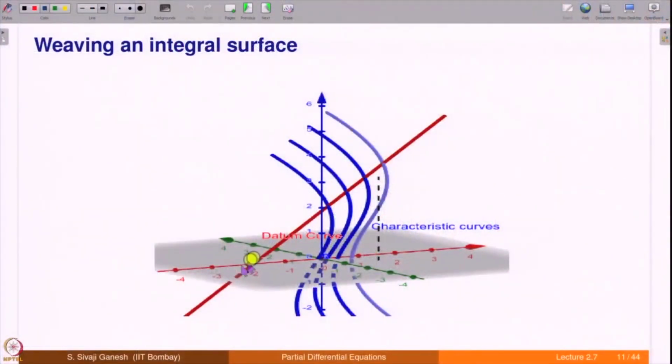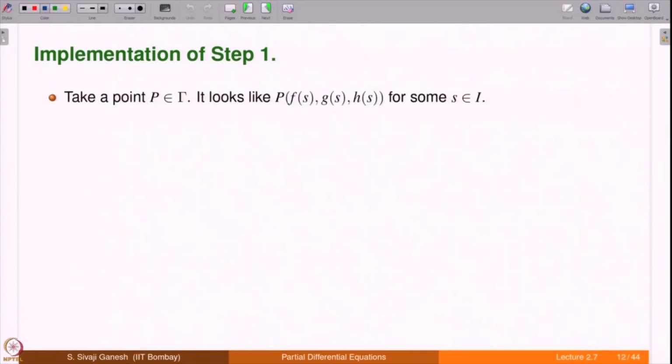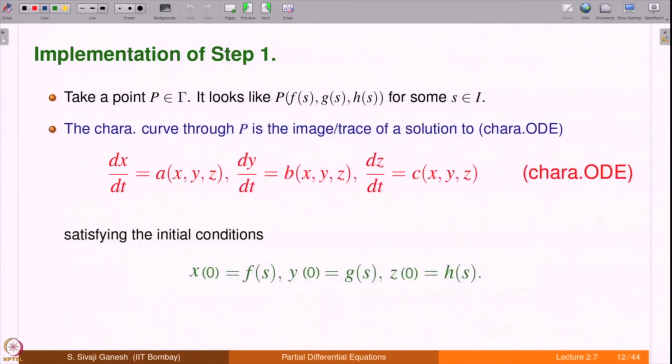Here this is the datum curve, these are characteristic curves, this is the same picture which I have just drawn. For this, what we do is take a point on gamma, any point on gamma looks like F(s), G(s), H(s), and then solve this system of characteristic ODE with initial conditions F(s), G(s) and H(s).